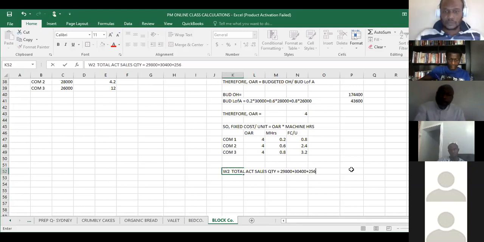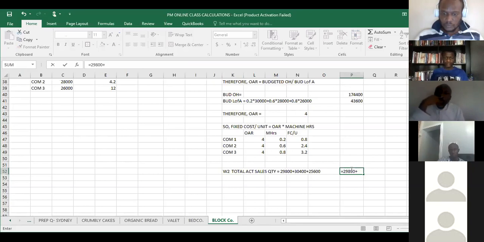Please, everybody, remember that every time you see standard mix, you're going to get your total actual sales quantity. For anybody that wants to look at this, we have to do some things to help them see where we got our figures from. In the exam, you won't be required to do this.